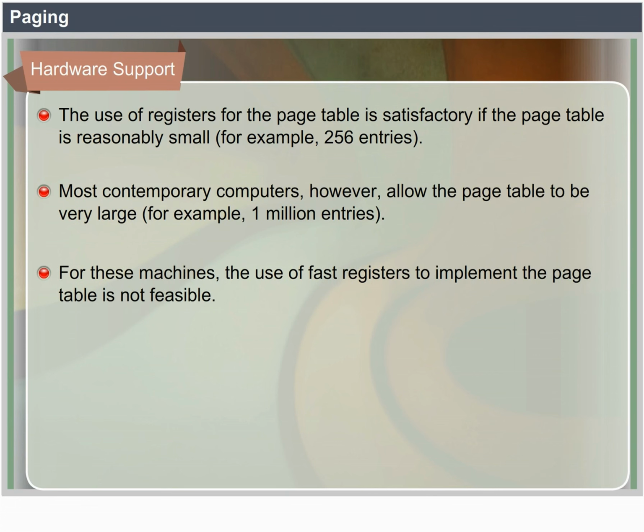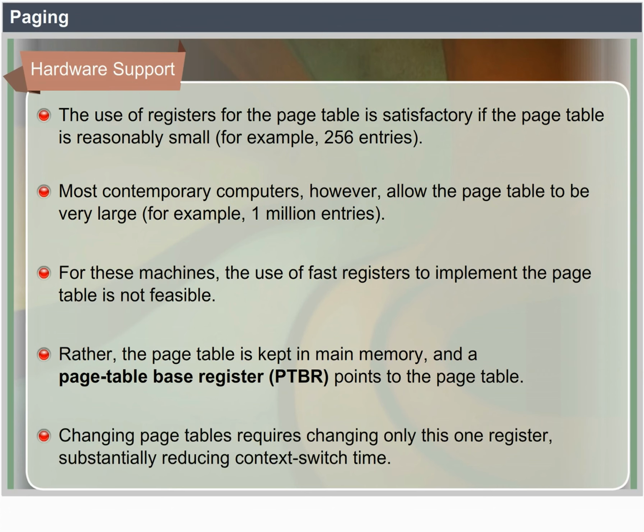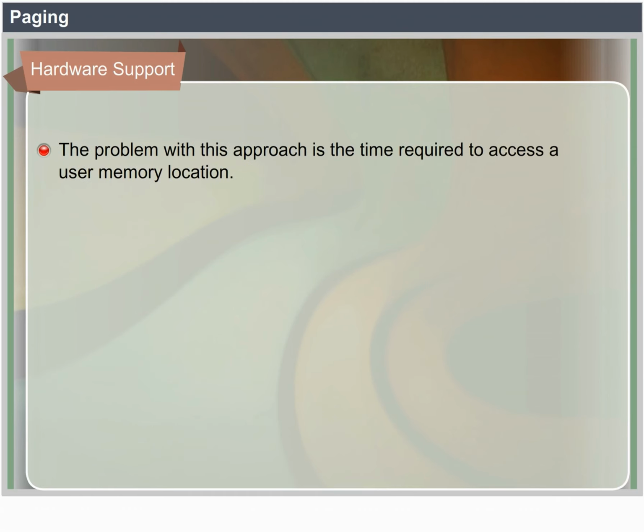Rather, the page table is kept in main memory, and a page table base register, PTBR, points to the page table. Changing page tables requires changing only this one register, substantially reducing context switch time. The problem with this approach is the time required to access a user memory location.